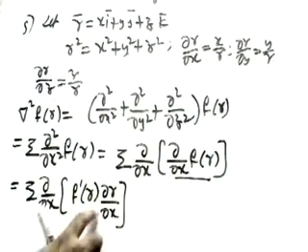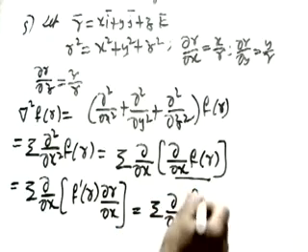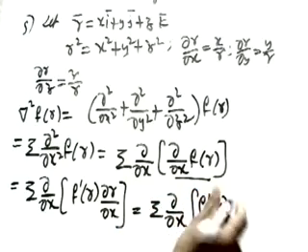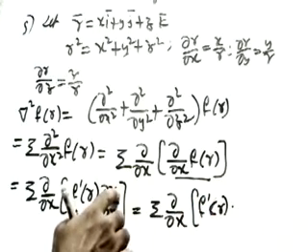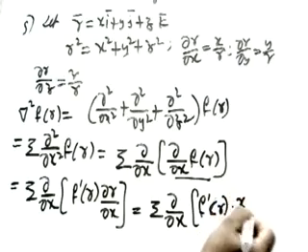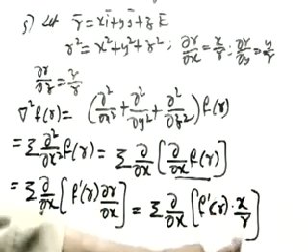But we are having ∂r/∂x as x/r. So in place of this, let me write x/r. Sigma ∂/∂x into f'(r) into this ∂r/∂x. We know this is x/r.